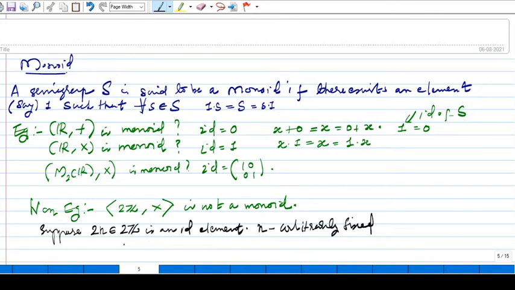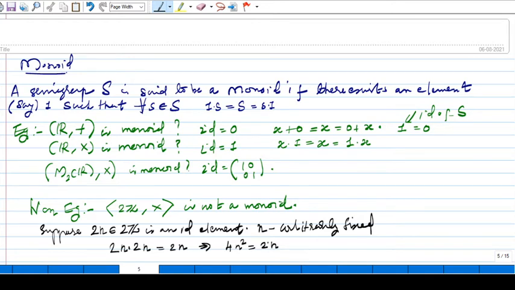If you multiply with any element, you will get back the same element. That means even if you multiply 2n with 2n, it will give 2n. This implies 4n squared must be 2n. Since n is an integer, if n equals 0, it's okay, right? But otherwise, if n is not 0, what happens?